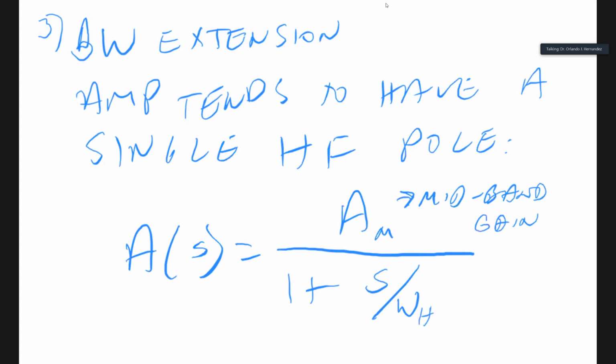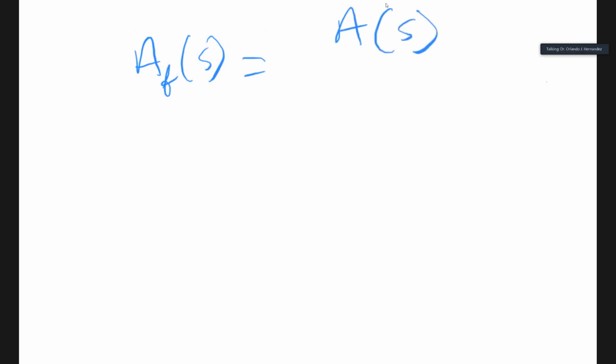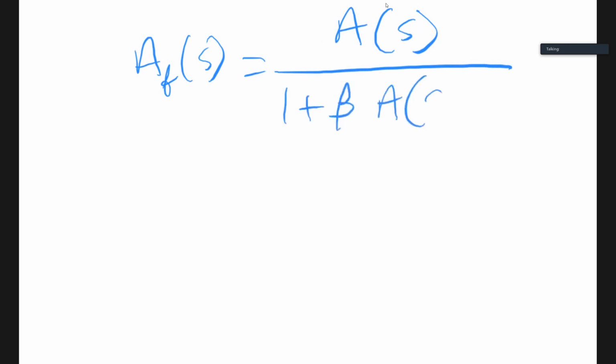Now, if you expand that to the closed loop gain, then you would get a frequency dependent closed loop gain A sub f, which is the open loop gain over one plus A beta, and that's just an application of our closed loop gain equation. Okay?